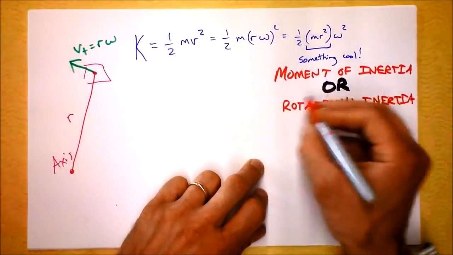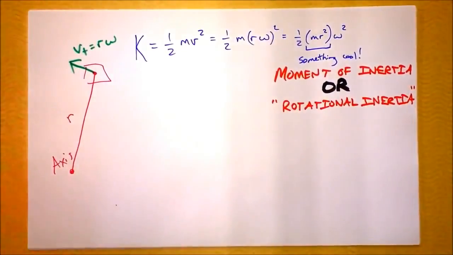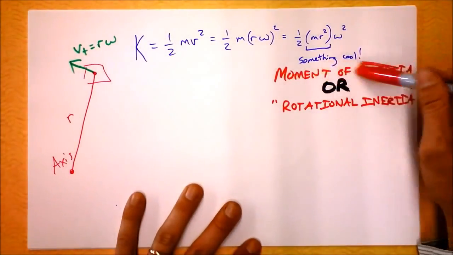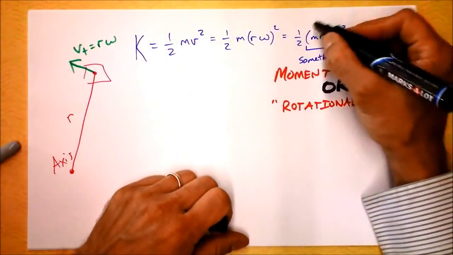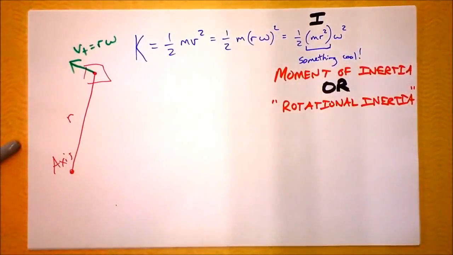And I'd like to tell you why we can call it rotational inertia. The moment of inertia, again, is what it is typically called, and it's got this variable I associated with it. We could call it a capital I. Here you go, capital I, moment of inertia or rotational inertia.